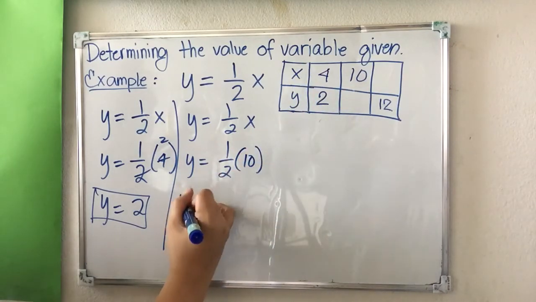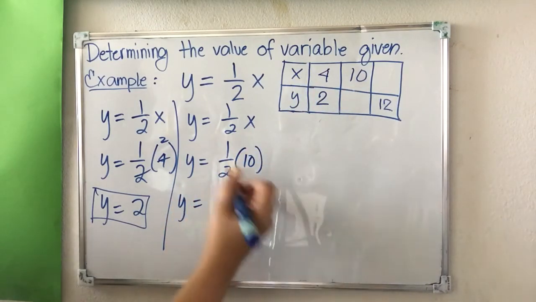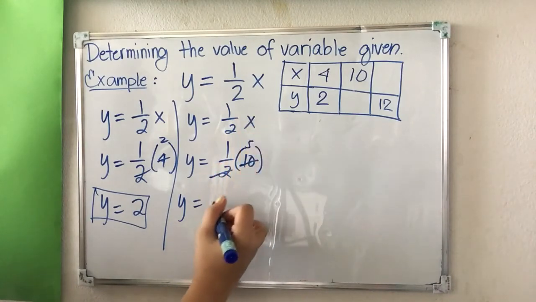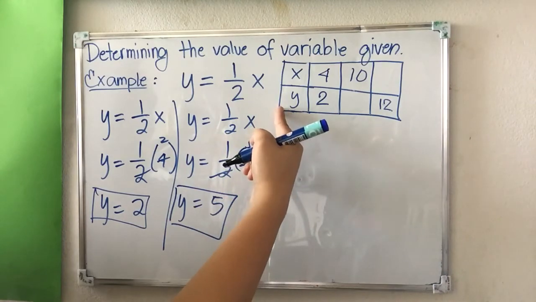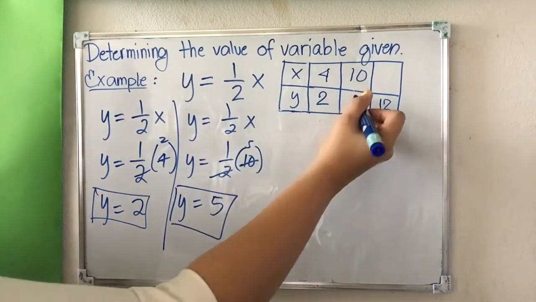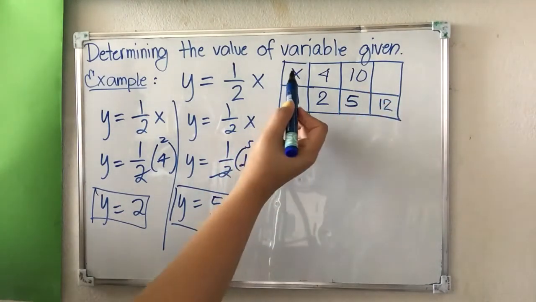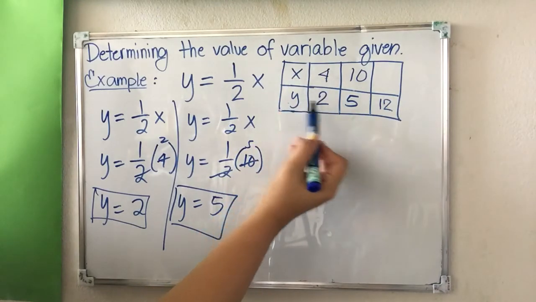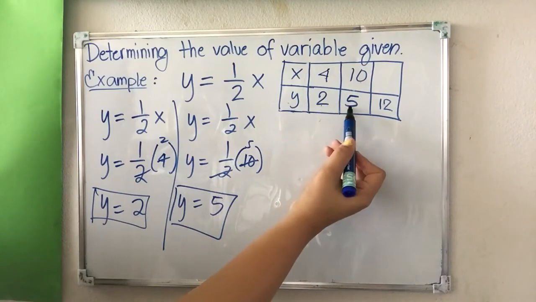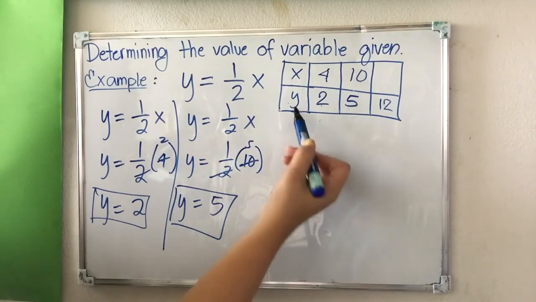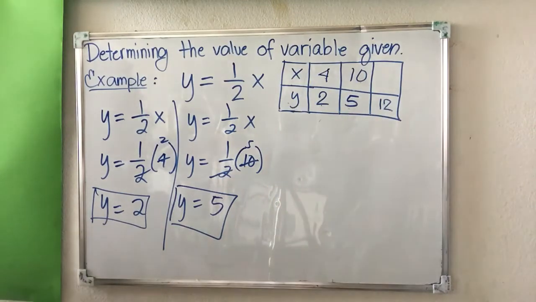So y is equal to 1/2 times 10, cancellation method, we have 5. So the value of our y is equal to 5. Now if x is 4, y is 2. If x is 10, y is 5. Now what if y is 12? What is the value of our x?